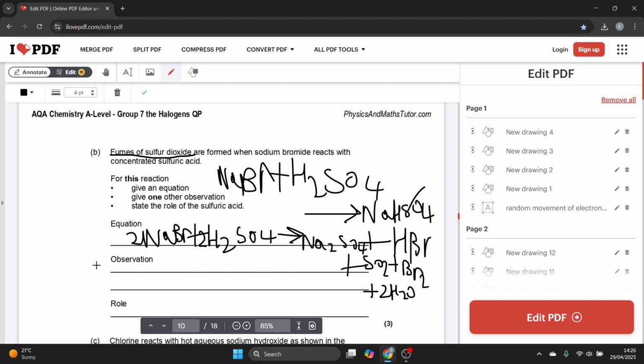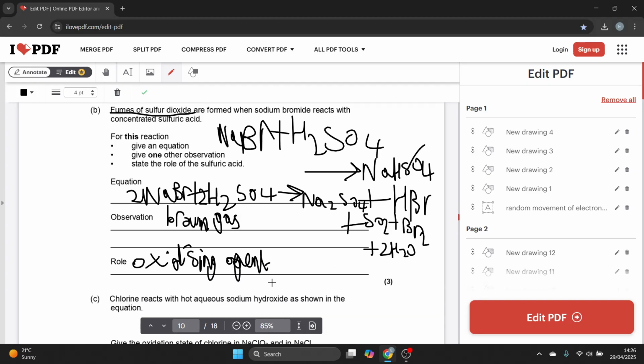Observation: I'm going to form bromine, so a brown gas, and the role of sulfuric acid in this equation is oxidizing agent. And what is an oxidizing agent? It is an electron acceptor. Really important to learn that, because once you've learned one of them, you know the other one. Therefore, you know reducing agent is electron donor.